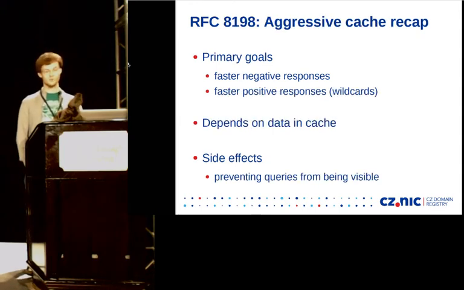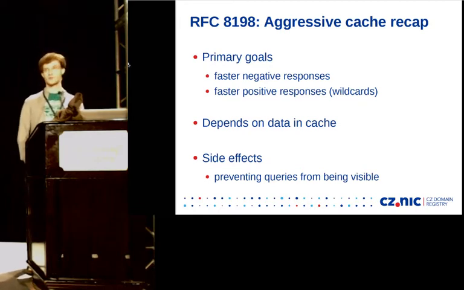Now we need to compare this to the goals of the aggressive caching, right? You can see that the faster negative responses are in there, so that's fine. Aggressive caching could provide faster positive responses for wildcards, but that's not interesting for the root, so it's not relevant.